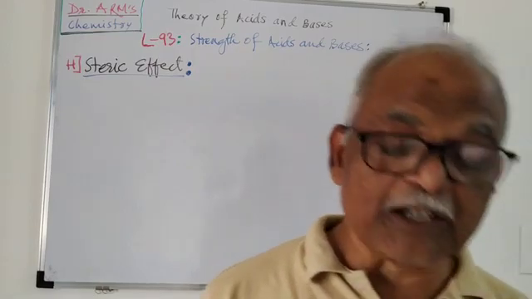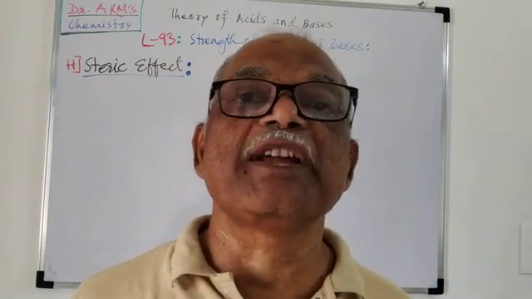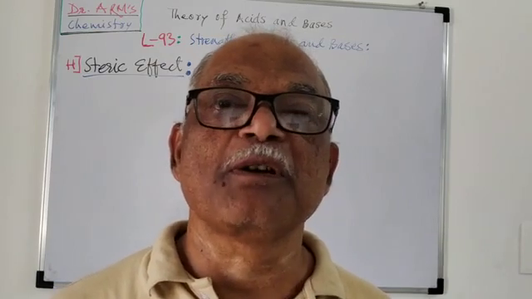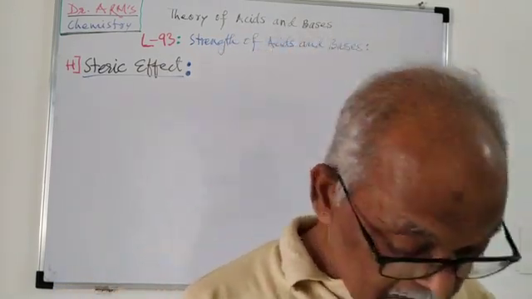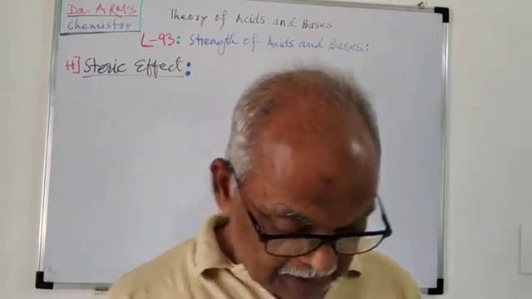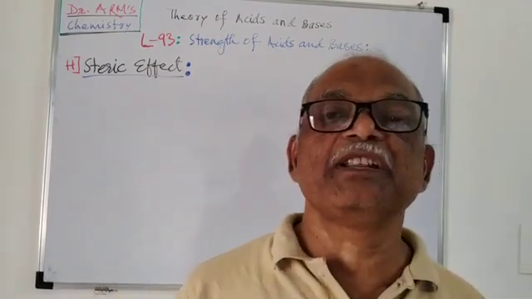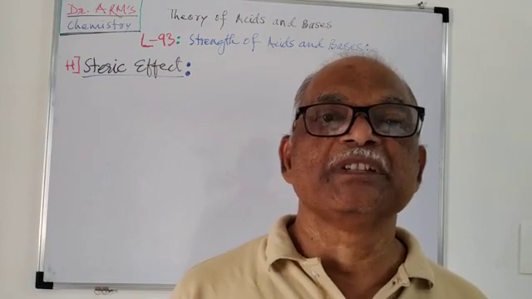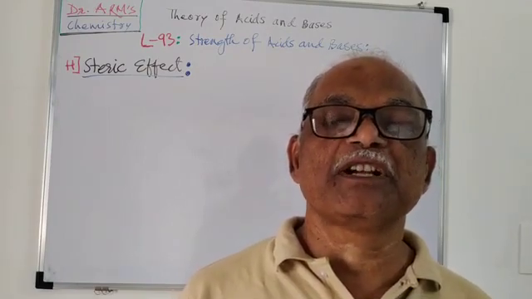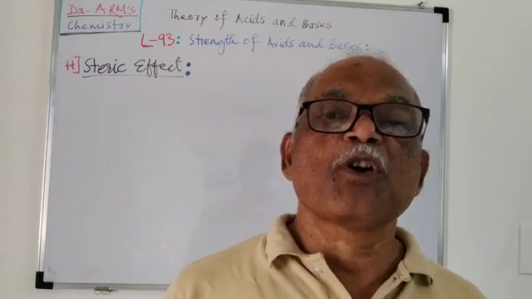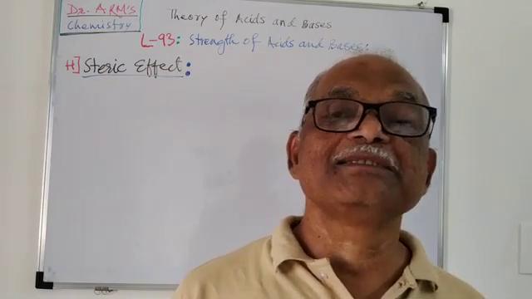When such bulky groups are forced to come together during the formation of an adduct, that is the addition product, the mutual repulsion between these bulky groups pushes the molecules away from each other and prevents them from undergoing a chemical reaction.